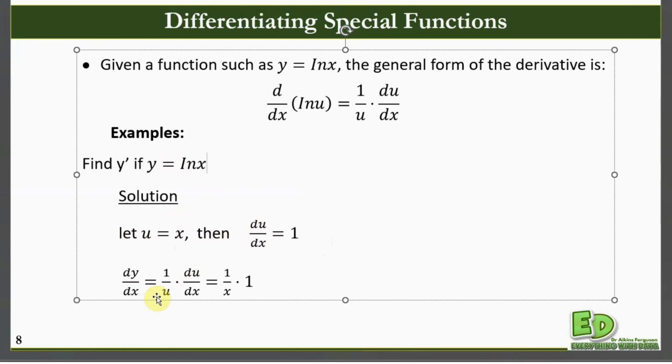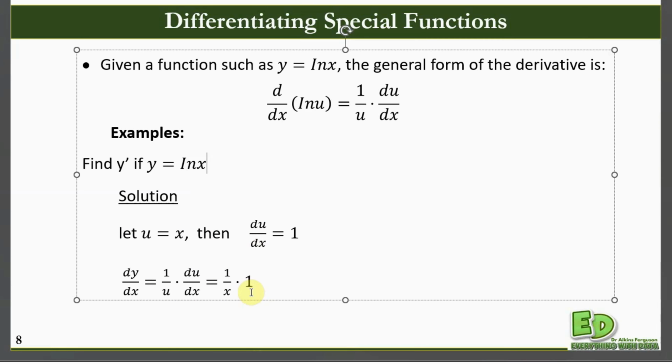Back into the formula, dy over dx is equal to 1 over the function times the differential of that same function. The function here is x. So 1 over x times 1 gives us 1 over x, which simply tells us that the differential of the natural log of x is 1 over x.